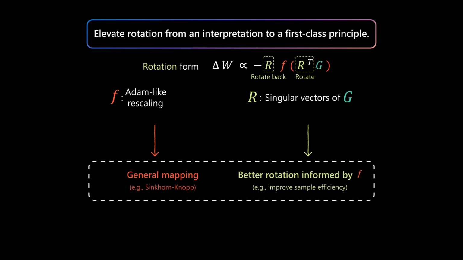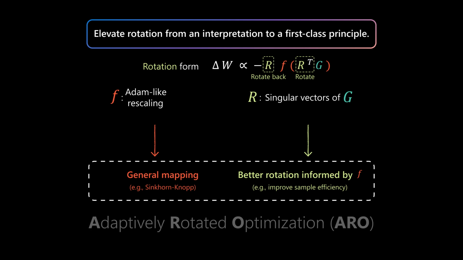This perspective opens the door to many new ideas in optimization, and in particular, we propose the use of more powerful nonlinear mappings beyond Adam's rescaling, and more significantly, better rotations that are informed by the choice of F and deliver improved sample efficiency. And that gives us our framework, adaptively rotated optimization, or ARO.